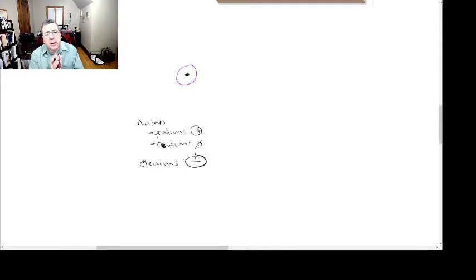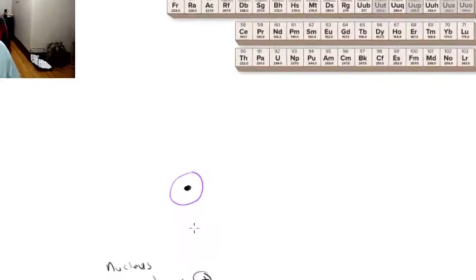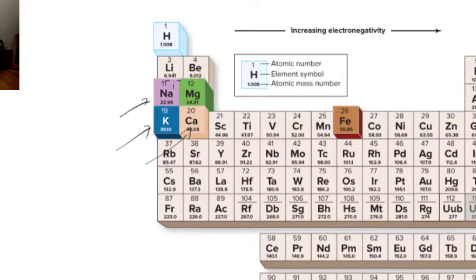So for an atom to be electrically neutral, meaning it doesn't lean positive, it doesn't lean negative, the number of protons will equal the number of electrons. So when we're looking at the periodic table, if we go back up to this, if we look at sodium, you can see this number way up at the top here, and that number is 11.